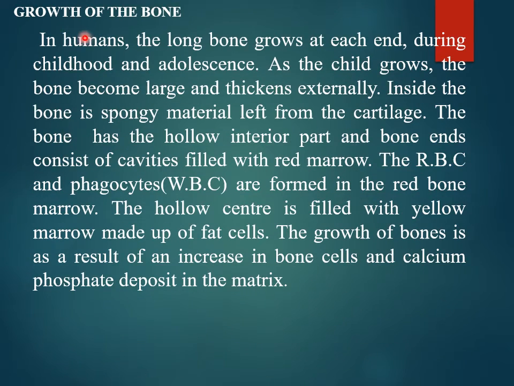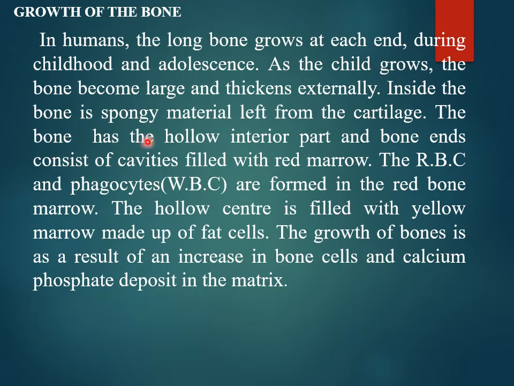For the growth of bone, in humans, the long bone grows at each end during childhood and adolescence. As the child grows, the bone becomes large and thickens externally. Inside the bone is a spongy material left from the cartilage.